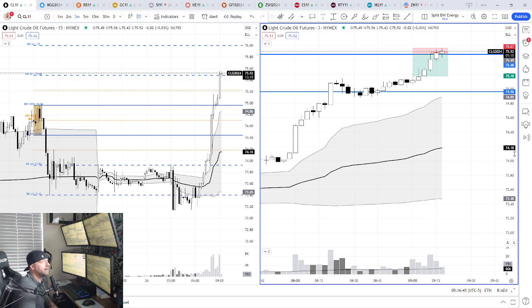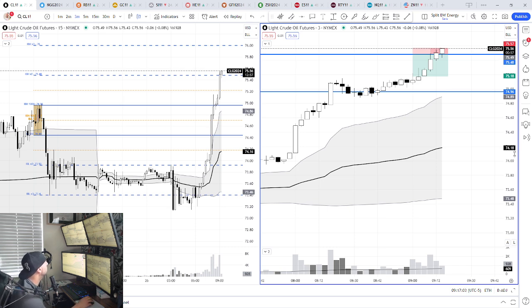Definitely getting a lot of chop in this area. There's a lot of buying, and it's being absorbed. So let's see what happens. Did have a huge move up in oil this morning. I got my stop at 69.